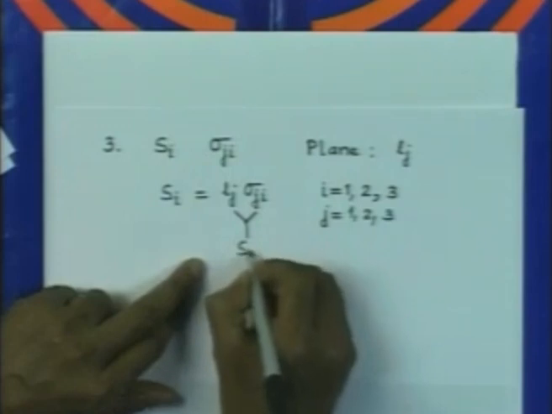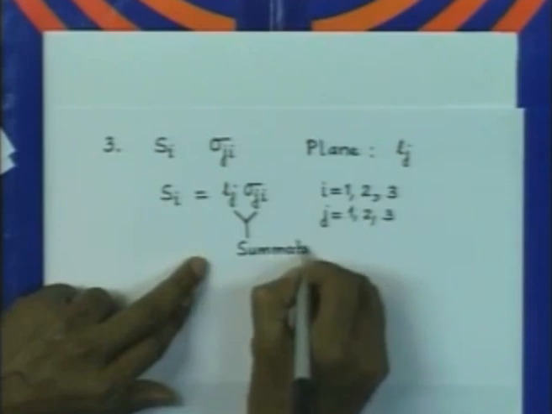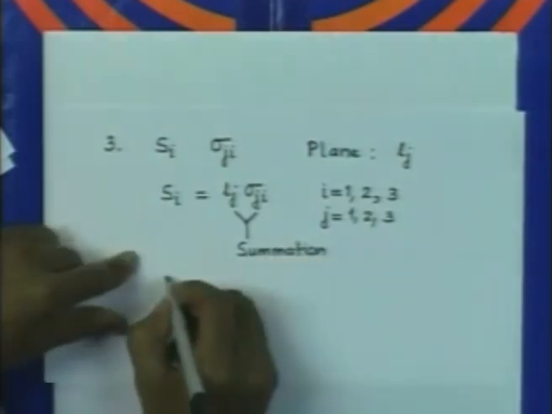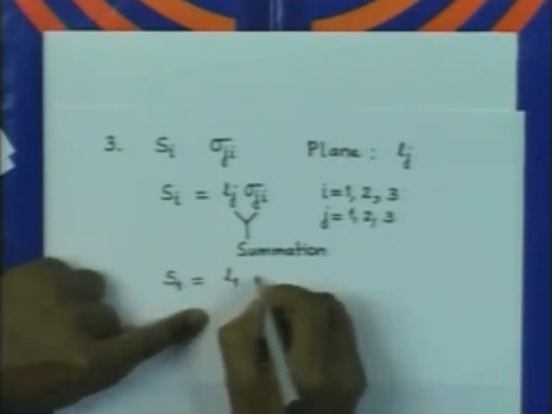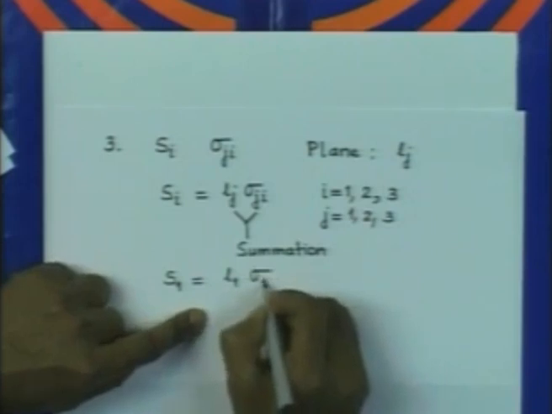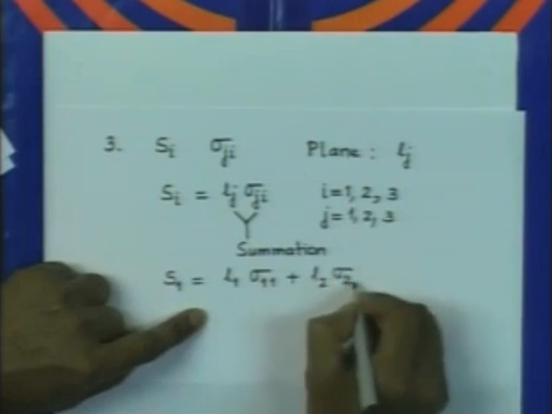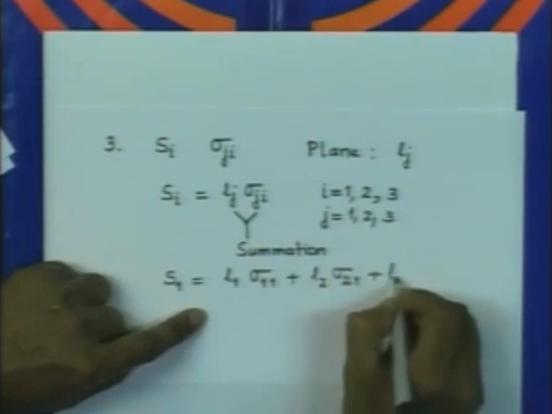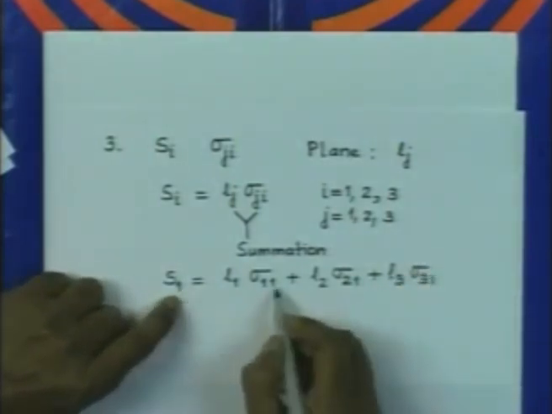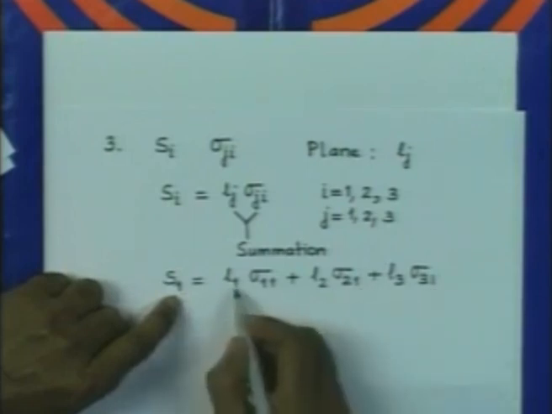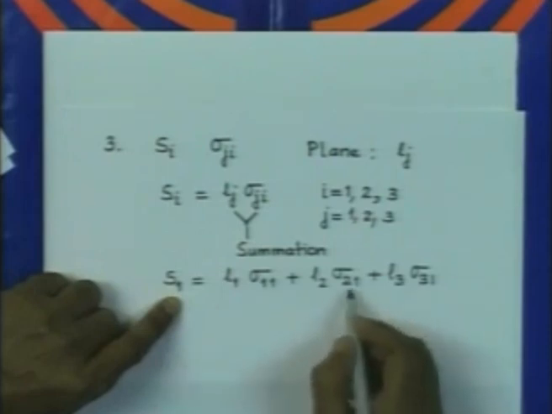Just to give one case, S1 is nothing but L1 sigma 11 plus L2 sigma 21 plus L3 sigma 31. Herein i is fixed, and L is varying from 1 to 3, so also the stress components are varying 1 to 3.